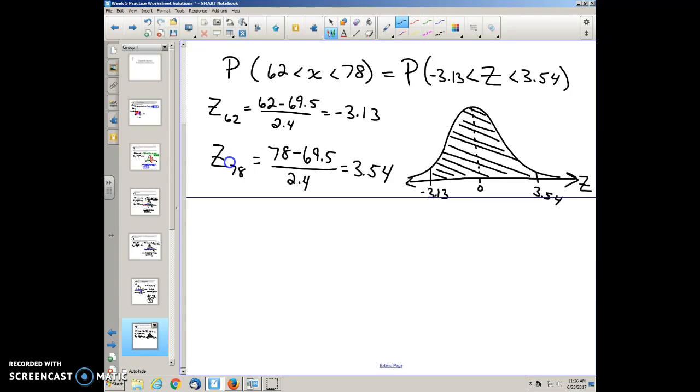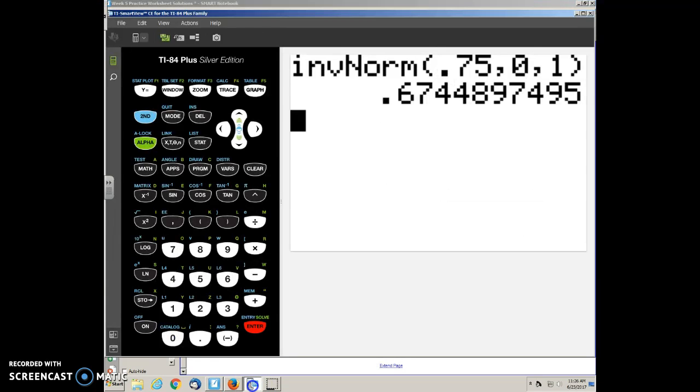We're going to use normal CDF. So normal CDF, negative 3.13, 3.5401. So we go to our calculator.